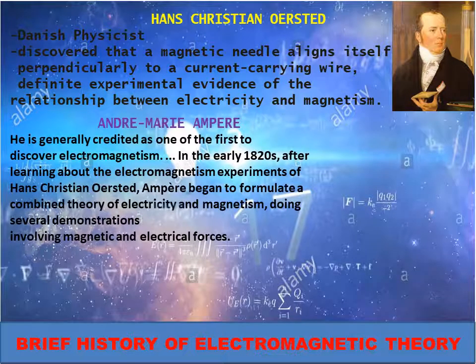Next, we have Andre Marie Ampere. He is generally credited as one of the first to discover electromagnetism. In the early 1820s, after learning about the electromagnetism experiment of Hans Christian Ørsted, Ampere began to formulate a combined theory of electricity and magnetism, doing several demonstrations involving magnetic and electrical forces.